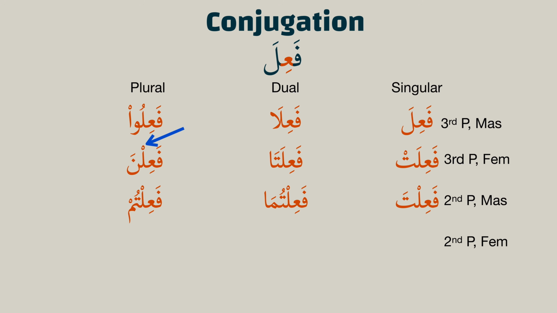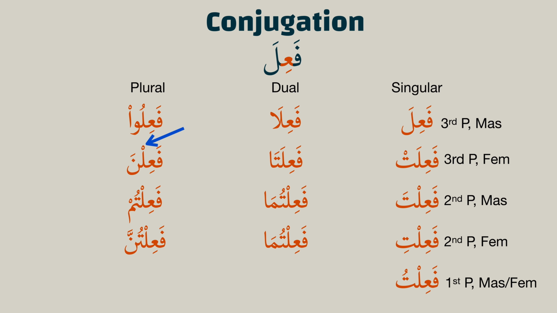And for second person feminine, fa'ilti for singular, fa'iltuma for dual, and fa'iltunna for plural. And now for the first person, both masculine and feminine, we have fa'iltu for singular, fa'ilna for dual, and fa'ilna for plural.